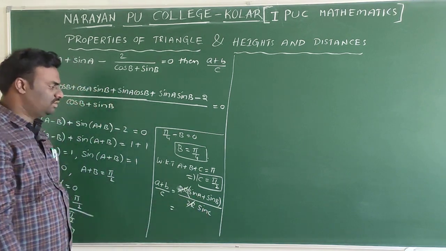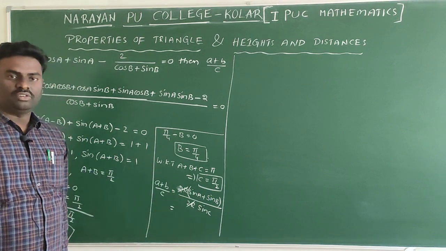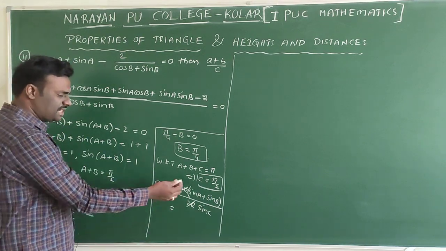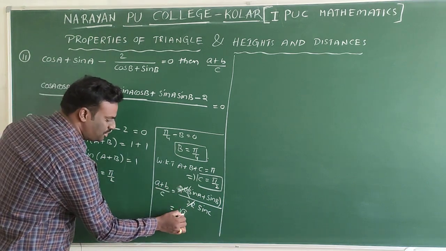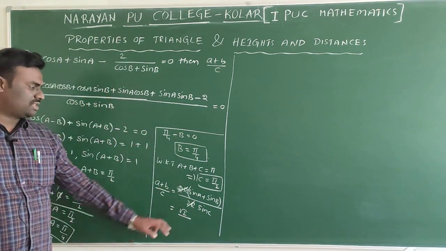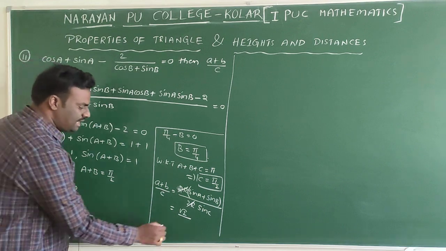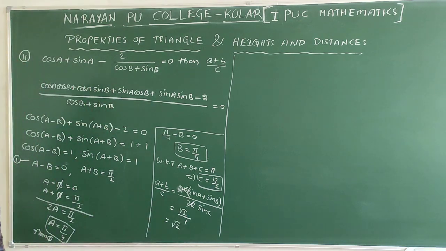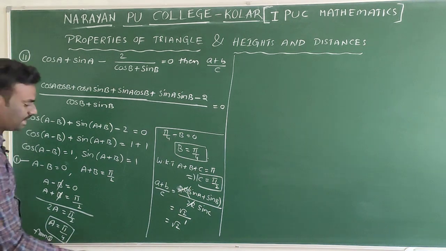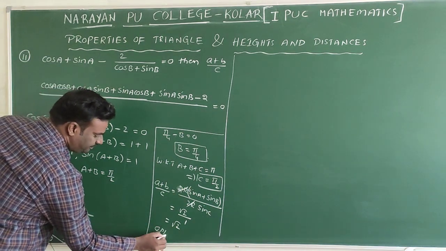Sin 45 plus sin 45 both are 1 by root 2 plus 1 by root 2, 2 by root 2, that is nothing but root 2. Next to C value 90, sin 90 value is 1. Now the answer is root 2 for this question number 11. That is root 2 is nothing but option A is the correct answer.